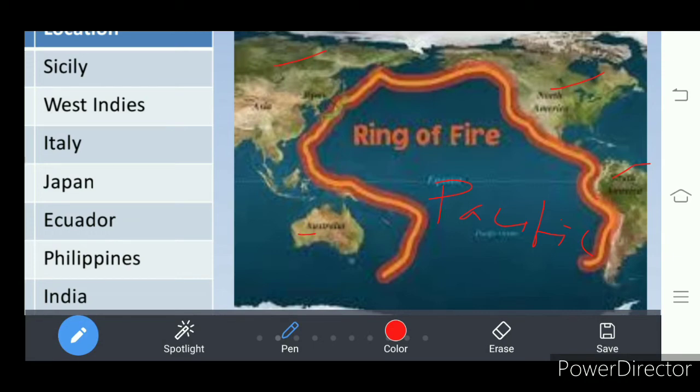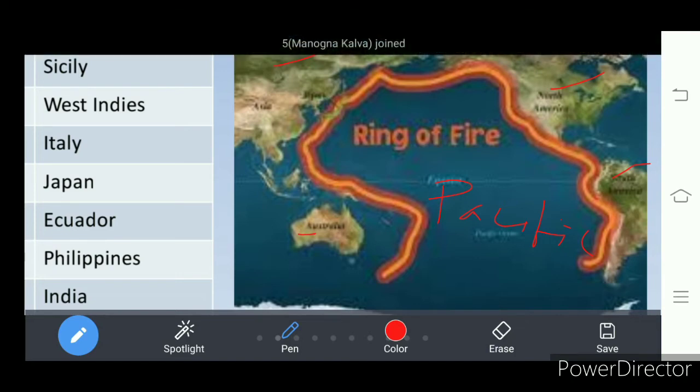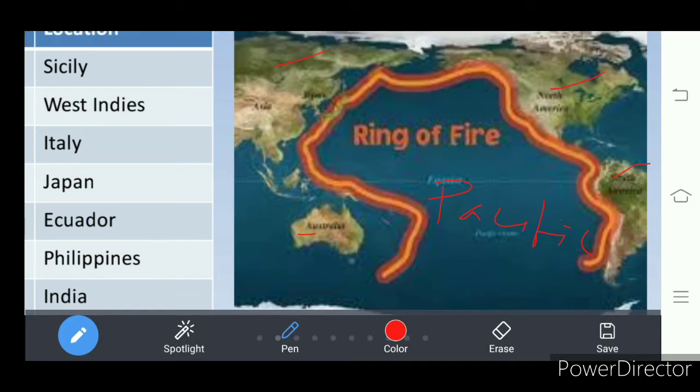So here it is the Pacific Ocean lying on the Pacific plate, right? So this Pacific plate boundary is connected with the Eurasian plate here, the North American plate, and the South American plate, right? So along the plate boundary of the Pacific plate, we find many volcanoes.